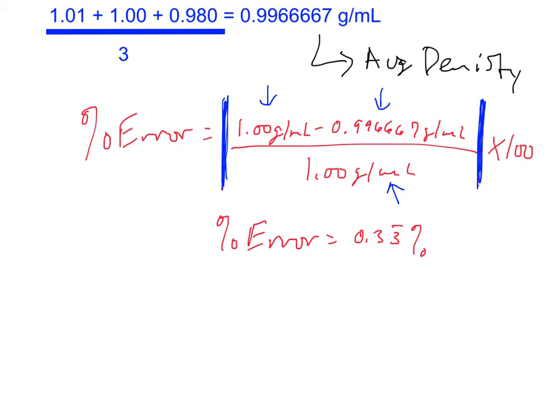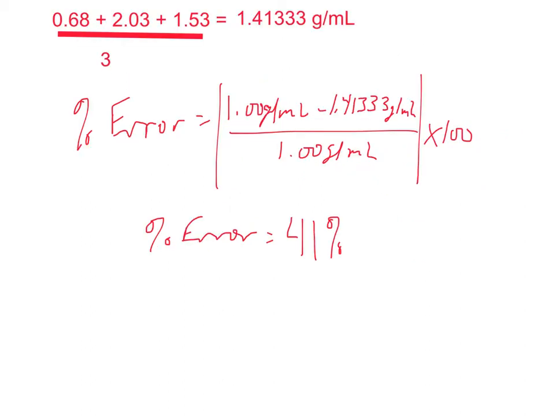Alright, now let's look at Allison's data. Okay, so I've taken Allison's results and gotten her average density up here at the top, and that's what we have placed into the percent error formula as the experimental value, and we have 1 gram per milliliter again as the theoretical or accepted value. So when we crunch the numbers on this one, we get 41% error.